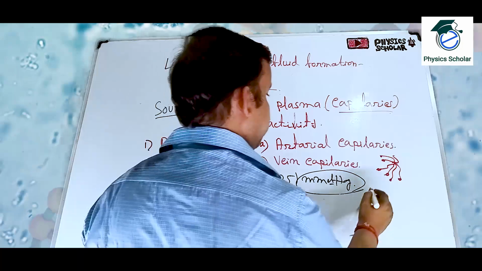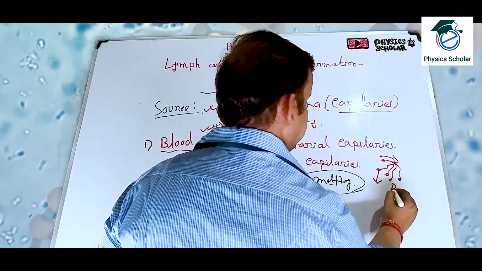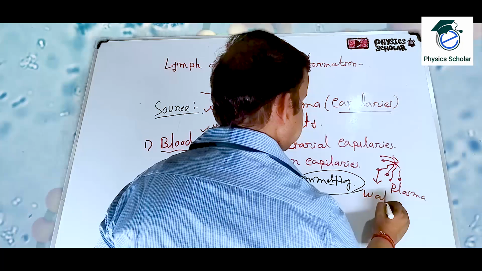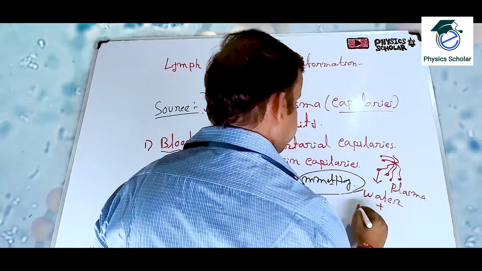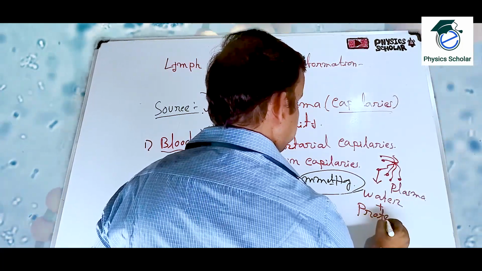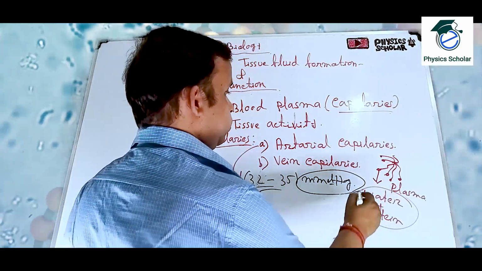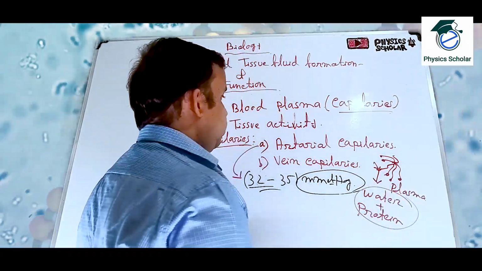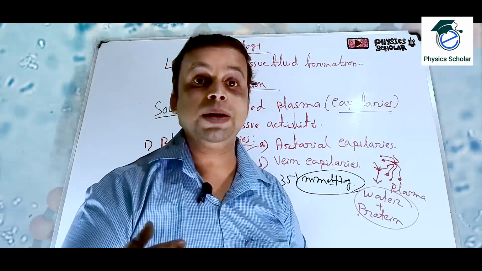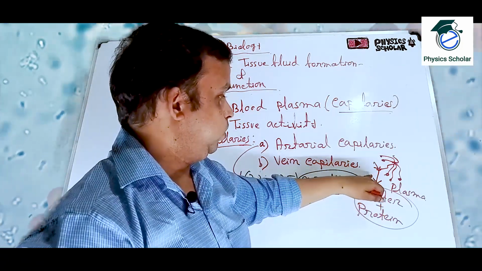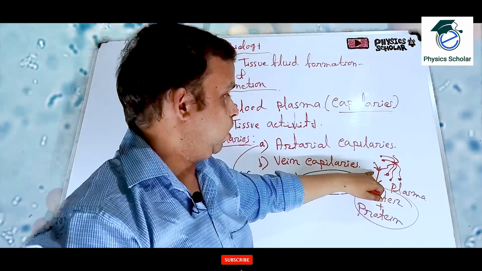Then what will happen? From plasma, water plus protein will come out. The membrane of the capillaries is a permeable membrane. So through this membrane, due to the osmotic pressure, what will happen?